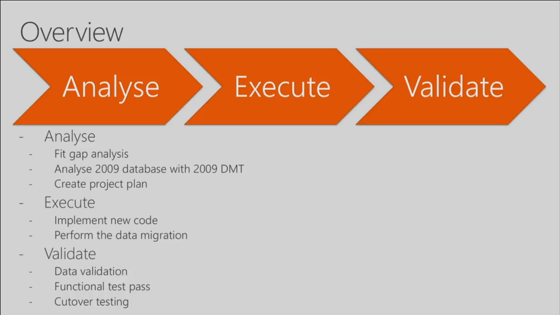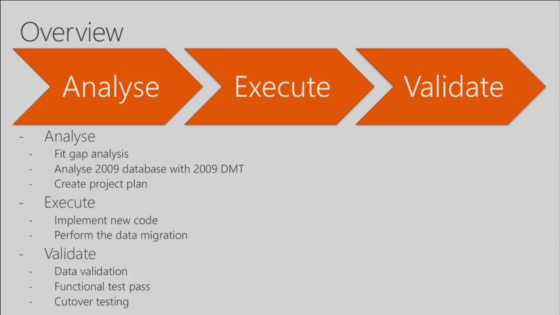Our 2009 data migration tool actually does very simple analysis on your existing 2009 database. I'll demo what type of analysis it does later. With that kind of information in hand, create a project plan accordingly. Right? Your project plan should probably consist of these similar three phases. You first do analysis, right?